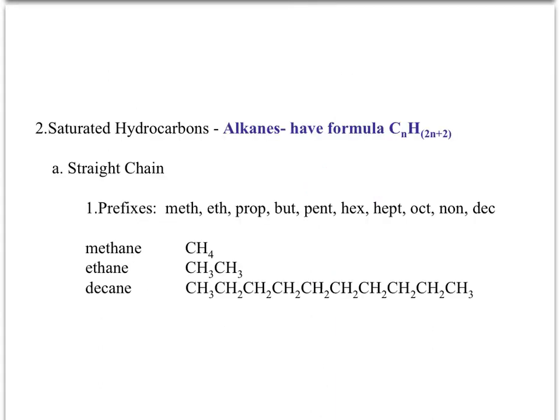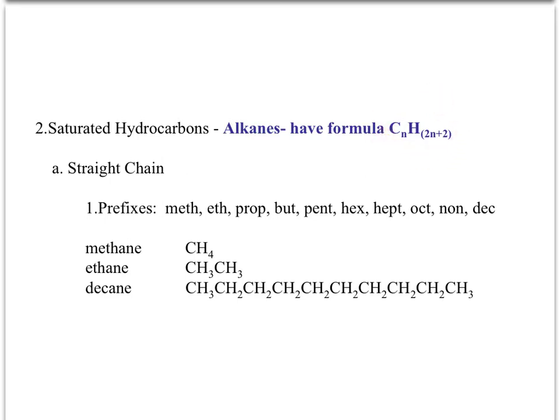Now we want to differentiate between saturated and unsaturated hydrocarbons. Saturated is all single bonds. Unsaturated hydrocarbons have either double bonds or triple bonds or both for at least some of their bonds. So the alkanes, you see the ANE, that tells you that the molecule is saturated. And you notice this formula here, CnH2n+2.